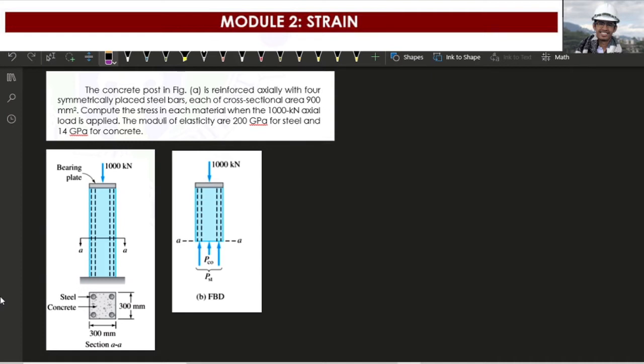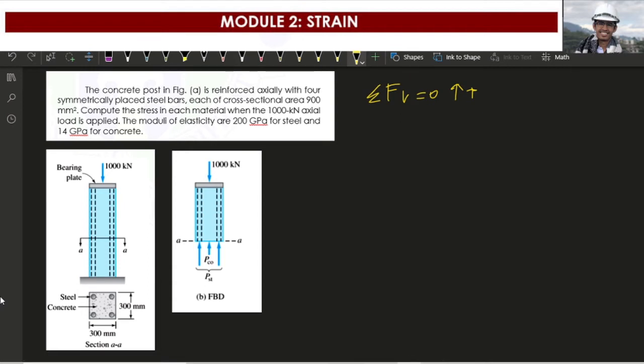So we can have the equilibrium equation. So yung pwede natin gawin is summation forces vertical is equal to 0. For the system to be equilibrium, so let us sum the forces vertical is equal to 0. Going upward is positive.